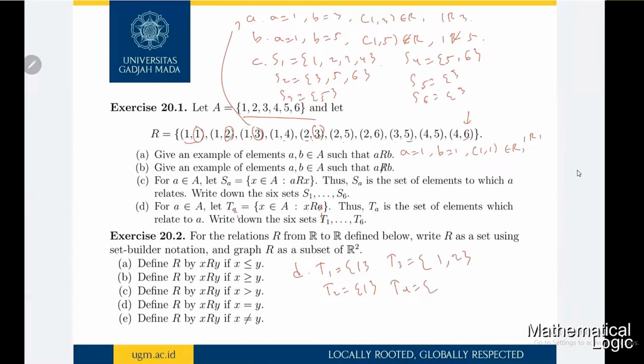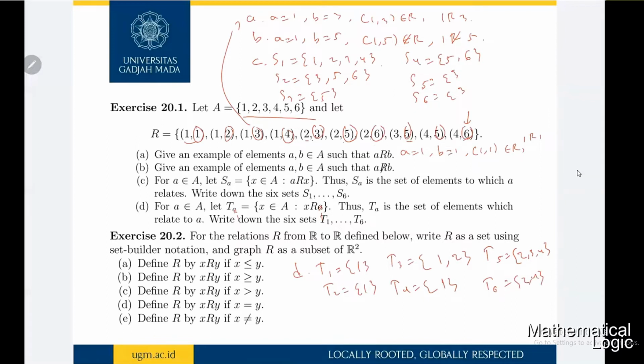T4, what is it? 1. That's it. Only 1. And then T5, we have 2, 3, and 4. And then T6 is 2 and 4, right? 2 and 4.